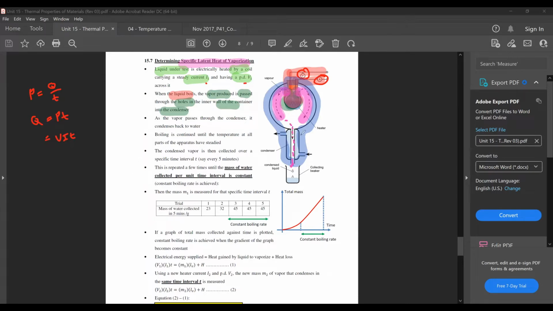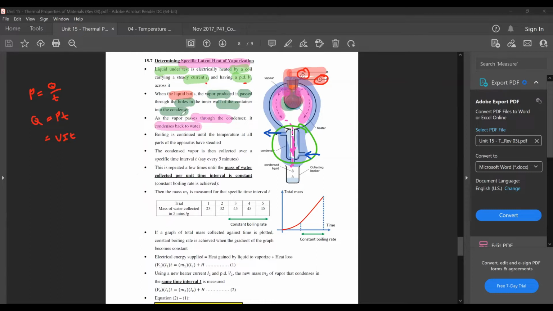Okay, this part here is your condenser, where you actually have cold water running in and out. Cold water comes inside here, and then cold water goes out here. So your vapor will pass through this condenser here, and then it will be quickly cooled down.